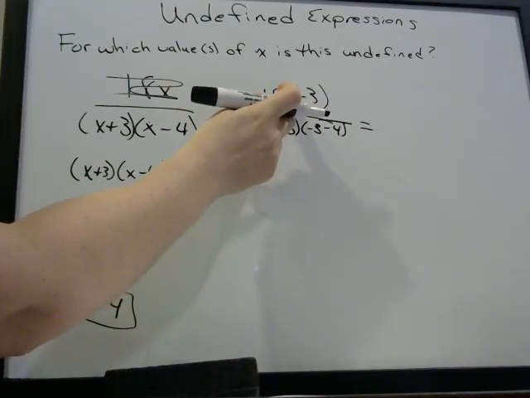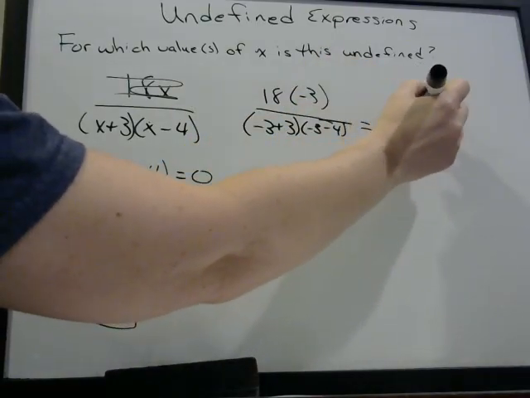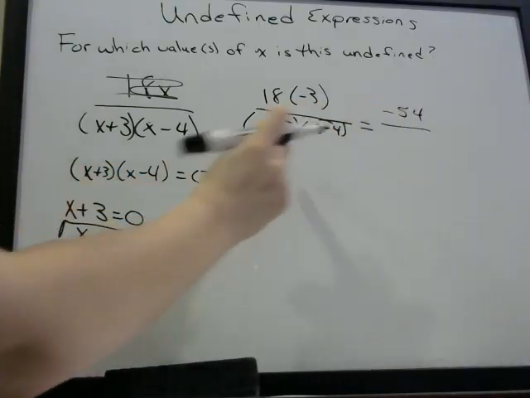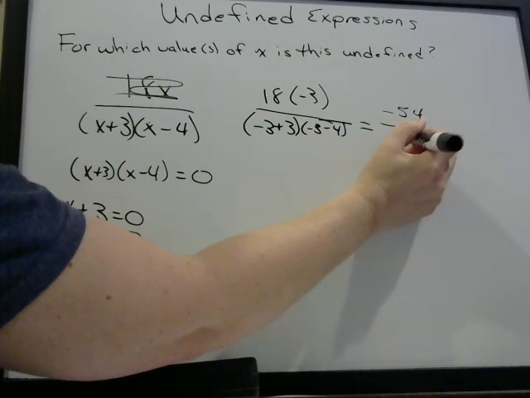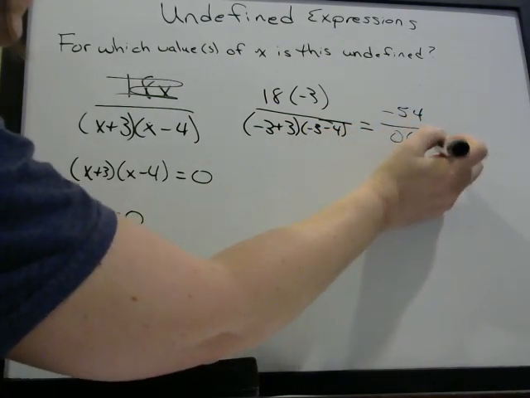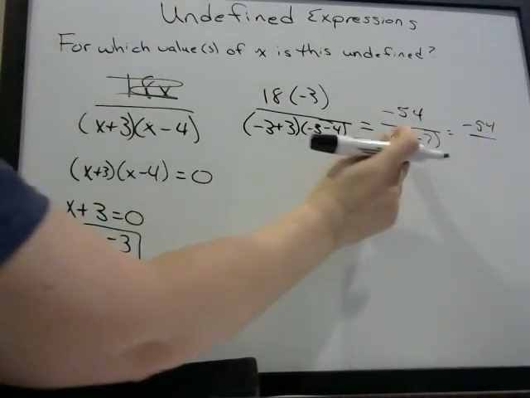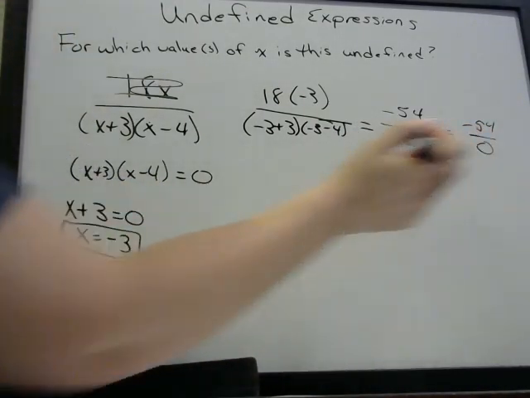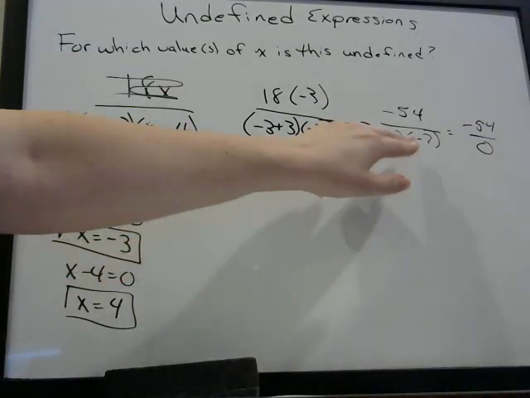So we don't care about the numerator, but just for completeness, 18 times -3 is -54. -3 plus 3 is 0, times -3 minus 4 is -7. So we get -54 over 0 times -7, which is 0, because 0 times anything is 0.